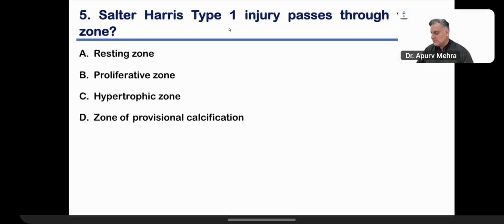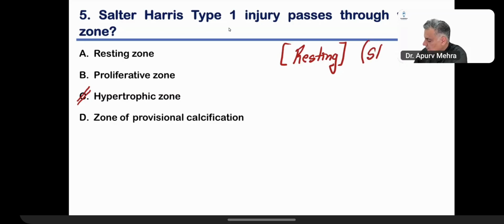Salter-Harris injuries pass through which zone? Zone of hypertrophy. So the first zone is the zone of resting cells, the reservoir. Here you have storage disorders.